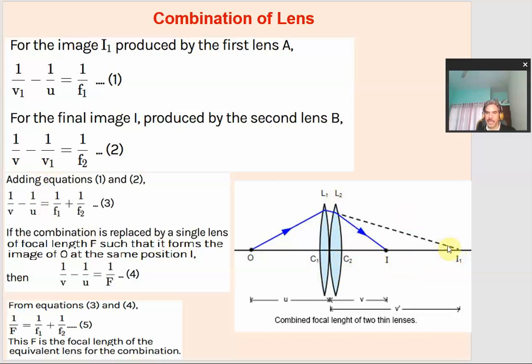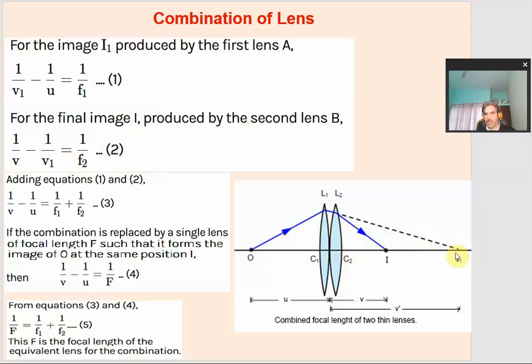So the object distance is V1 and the image is formed at I, so its distance is taken as V from the lens L2, which is equal to 1 upon F2. So this is how we write the lens equation for the second lens. The object is placed virtually at position I1, whose distance is again taken as V1 because we are using two thin lenses placed in contact with each other, right?